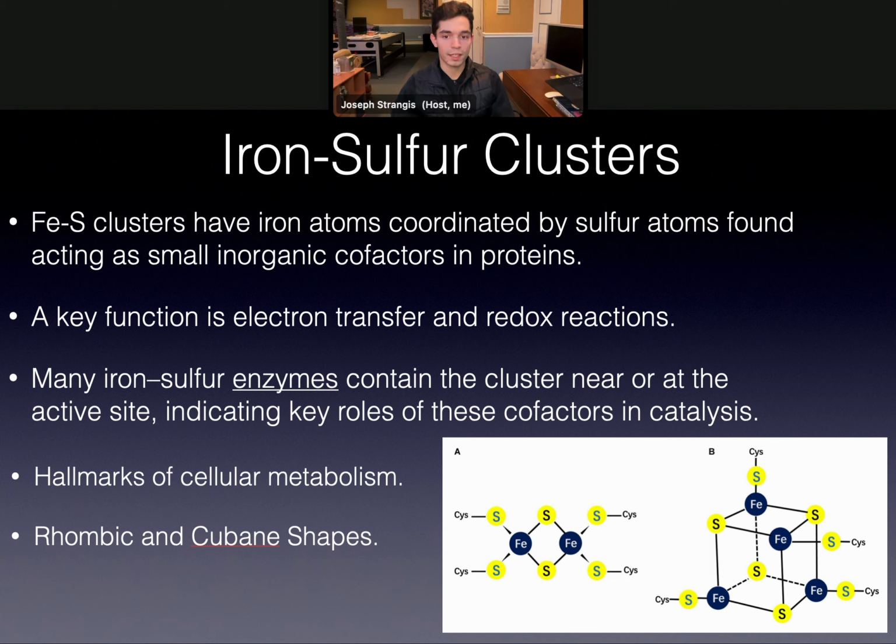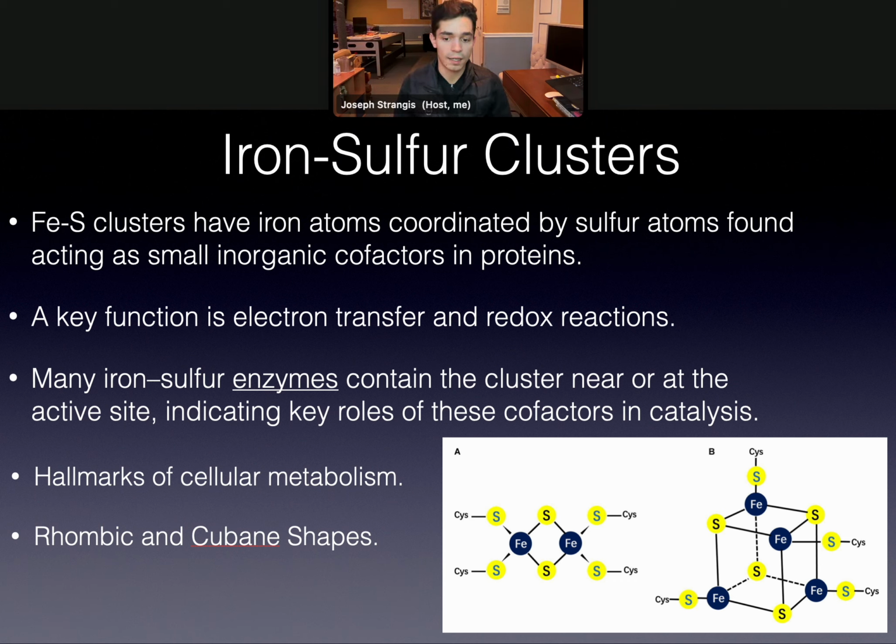and their key function is electron transfer, as in redox reactions. Many iron-sulfur enzymes contain the cluster near or at the active site, which would indicate key roles of these cofactors in catalysis, especially since protein structure is a big determinant of their function.